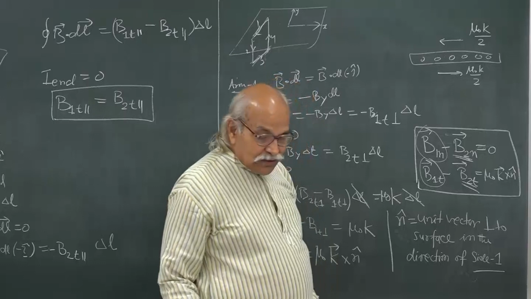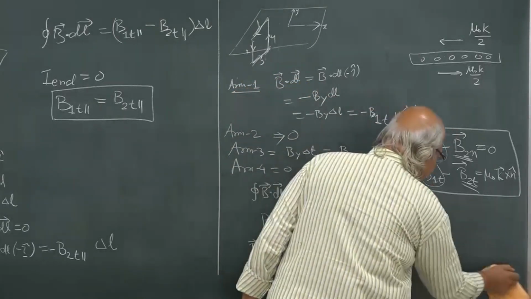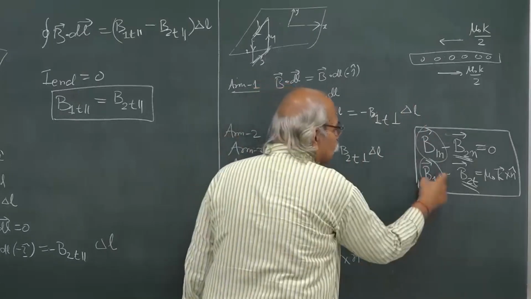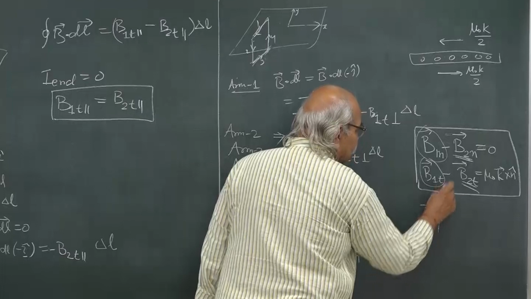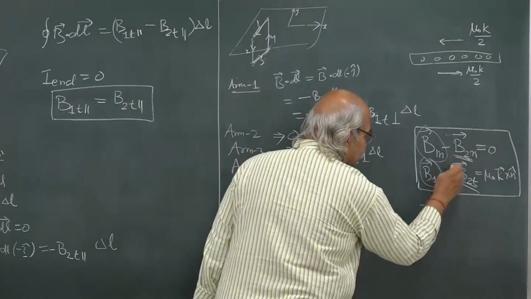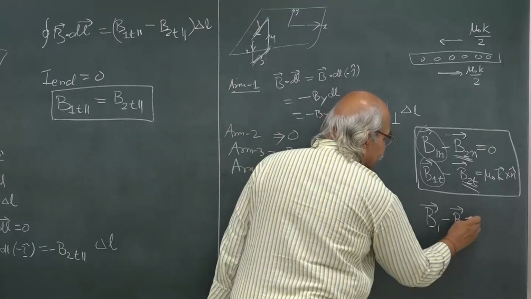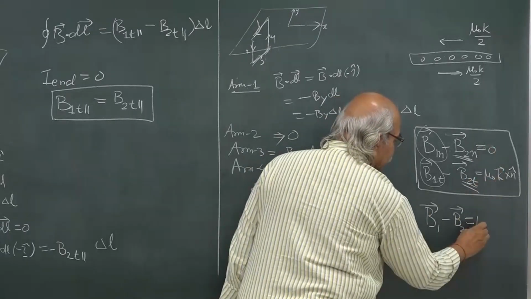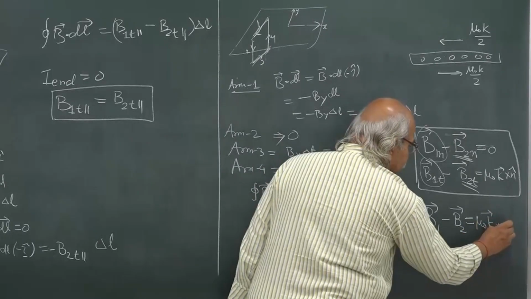So, you can also write this as: add these two, this will become the B1 vector. Add these two, with a minus, this will be the B2 vector, and here 0, and here mu naught K cross n cap.